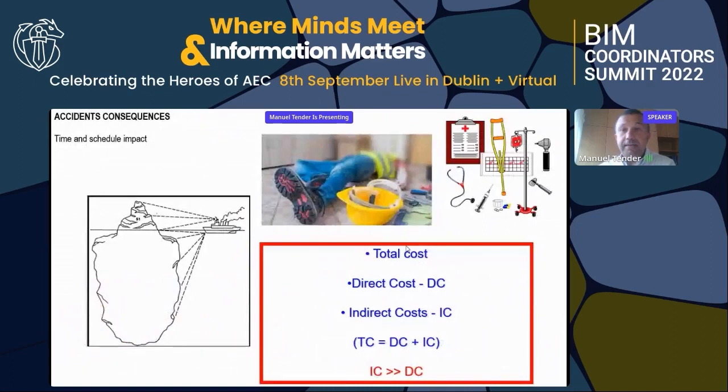We all know that accidents at work are not a very easy and pleasant thing to talk about, mainly when someone gets hurt. When someone gets hurt, there are costs to the company also. We've got direct costs, we've got indirect costs. Some costs we can see, some costs we cannot see. And we know that those that we cannot see, indirect costs, are much higher than direct costs.